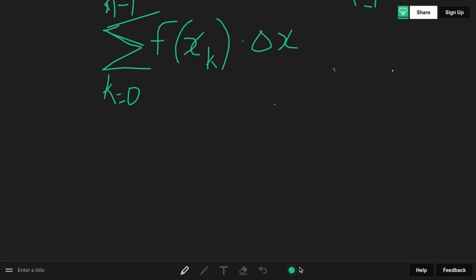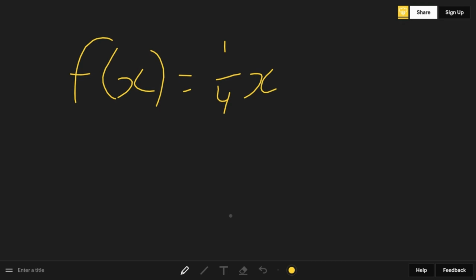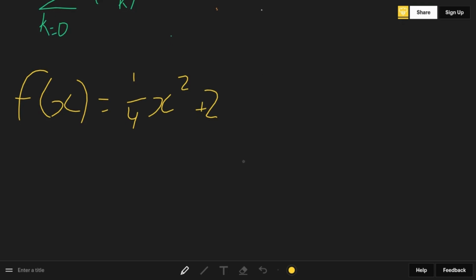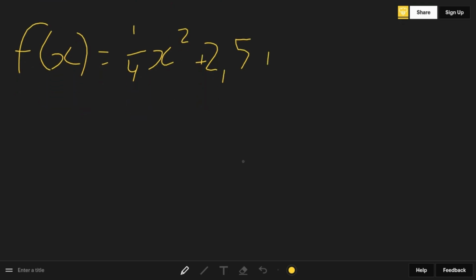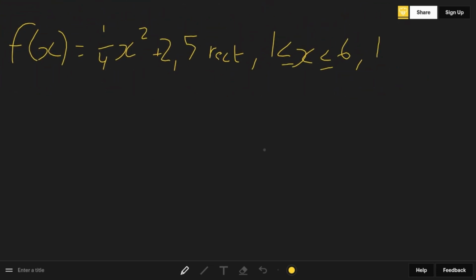So say I have the function f of x equals 1/4 x squared plus 2, and I want 5 rectangles from the interval 1 to 6, and I'm told that I have to use LRAM.